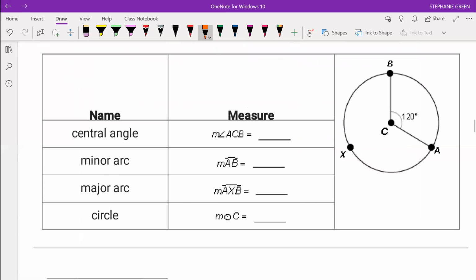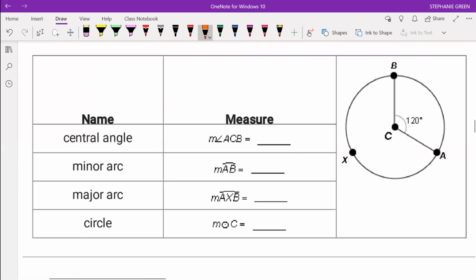Here we have a diagram. The first thing it asks us to find is the measure of the central angle ACB. The measure of angle ACB is already given to us in our diagram. It is 120 degrees, which means the measure of our minor arc AB is going to be equal to that central angle.